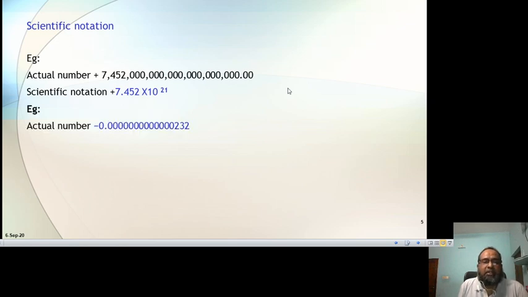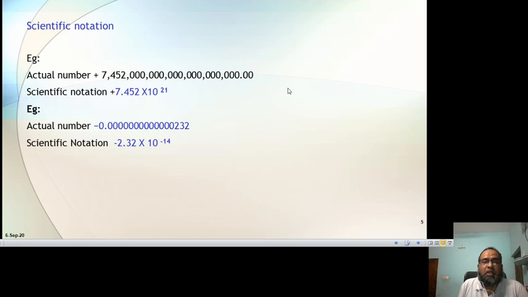You can see another example, it's a negative number as well as it's a very small value. You can see the same number can be represented conveniently in scientific notation as minus 2.32 into 10 raised to minus 14. So keep in mind that the floating point numbers are nothing but the scientific representation of the numbers, whether it is positive or negative, very huge number, very small number.